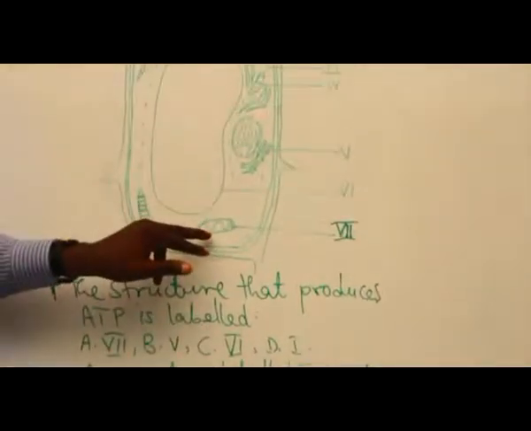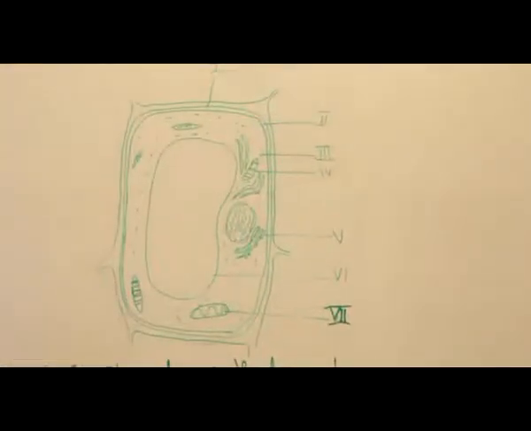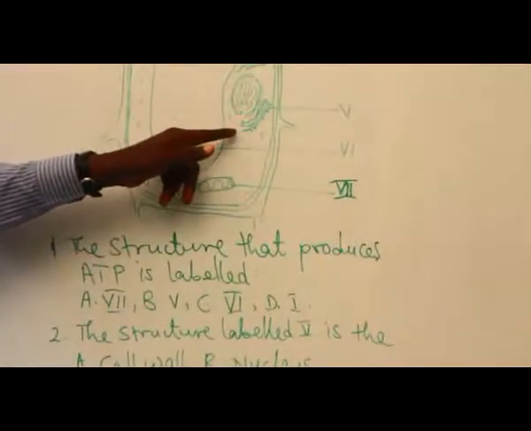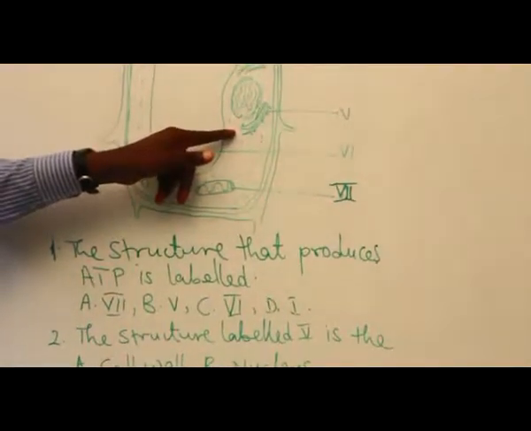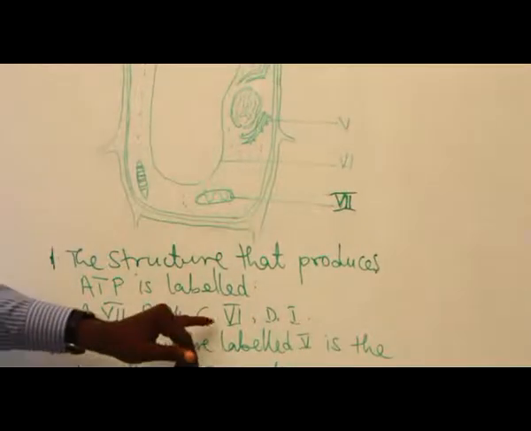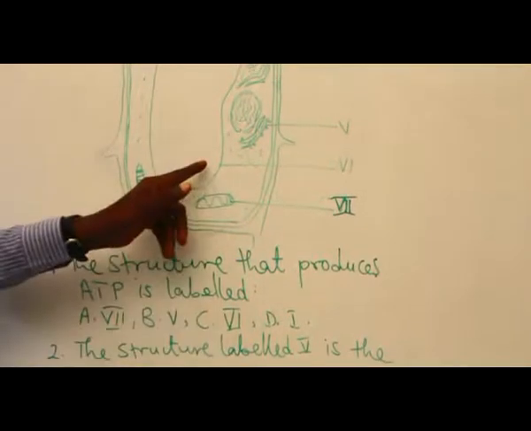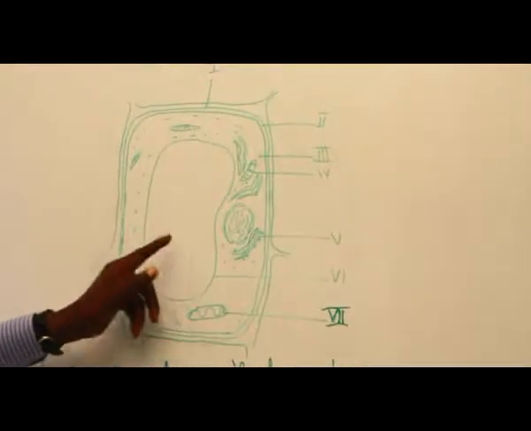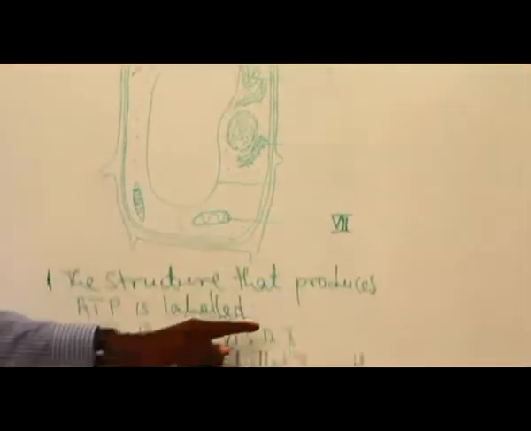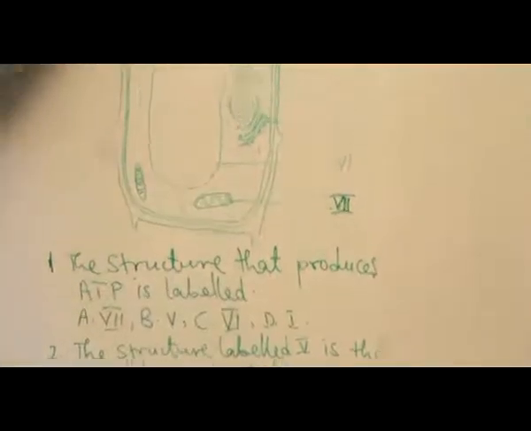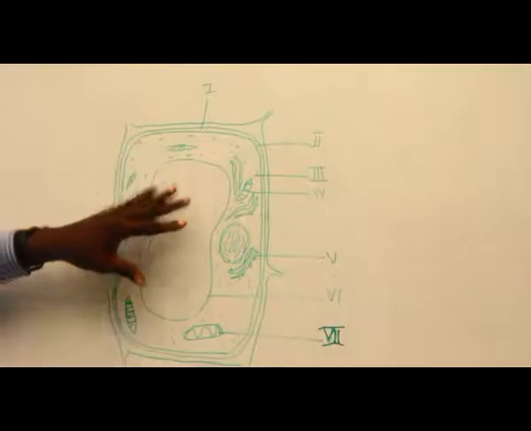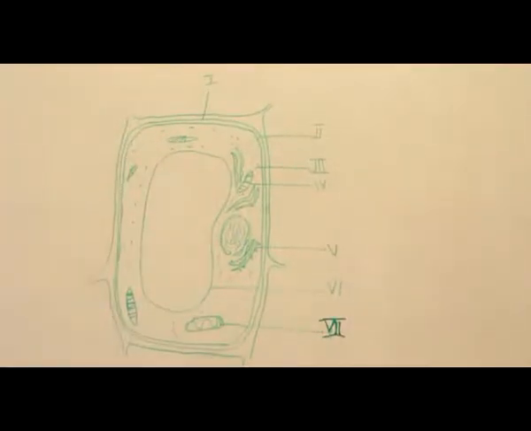And what does it do for the cell? The one labeled 5 is this structure. Can we identify it? Then the one labeled 6 is this structure here. What is its function to the cell? The one labeled 1 is this structure. Which of them produces ATP?